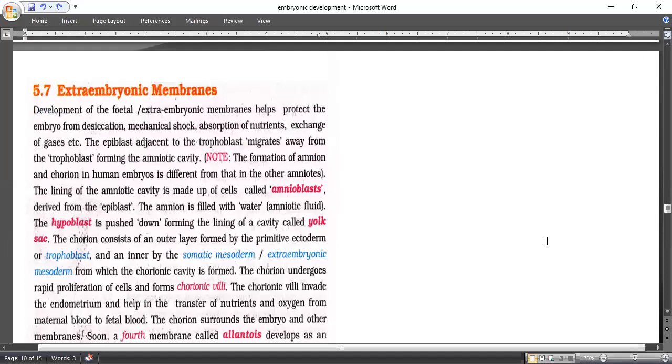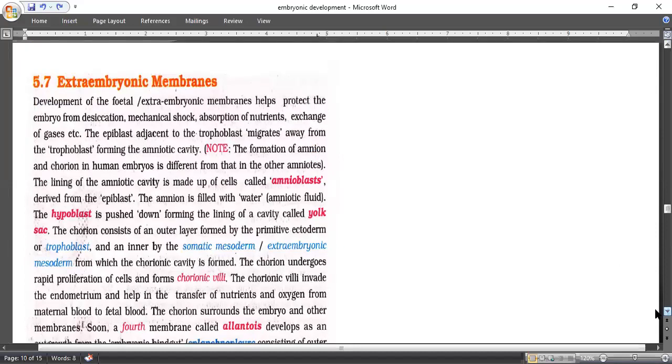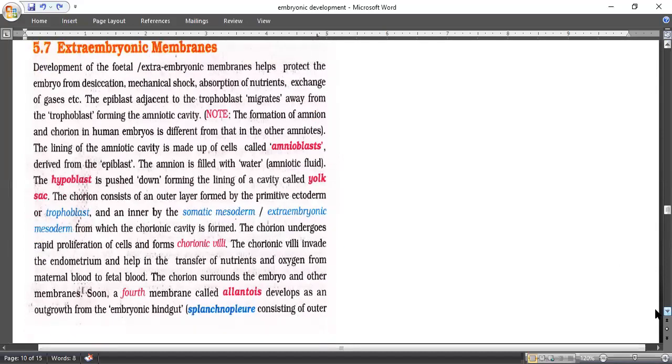The final conclusion for what we learned about the extra embryonic membranes: development of the fetal or extra embryonic membranes helps to protect the embryo from desiccation and mechanical shock, that is by the amnion. Absorption of nutrients and exchange of gases are possible by the chorion. The epiblast adjacent to the trophoblast migrates away from the trophoblast, forming the amniotic cavity.